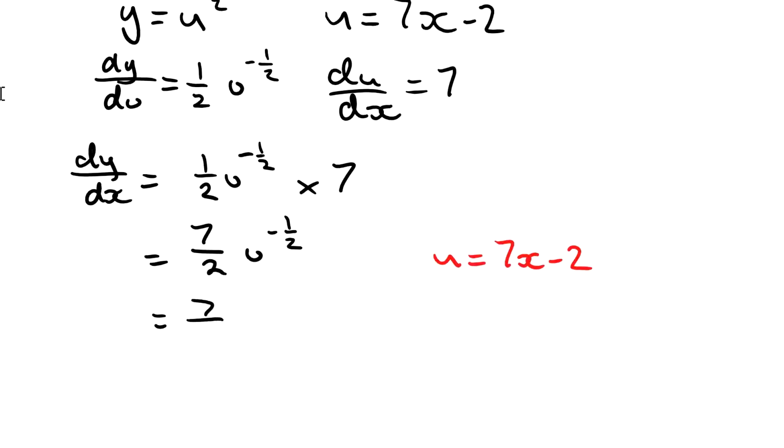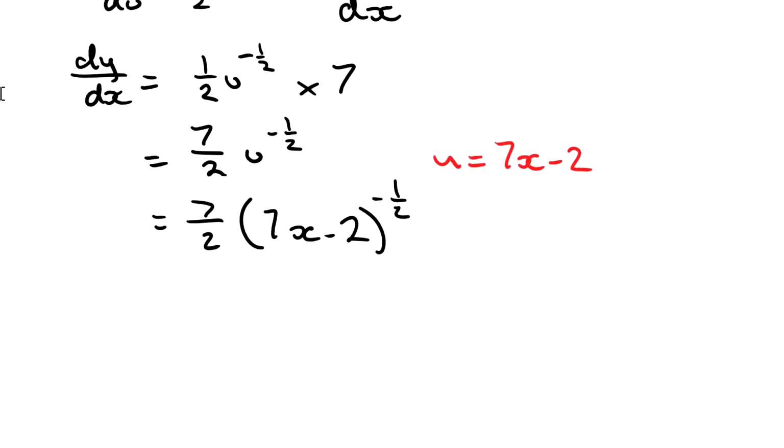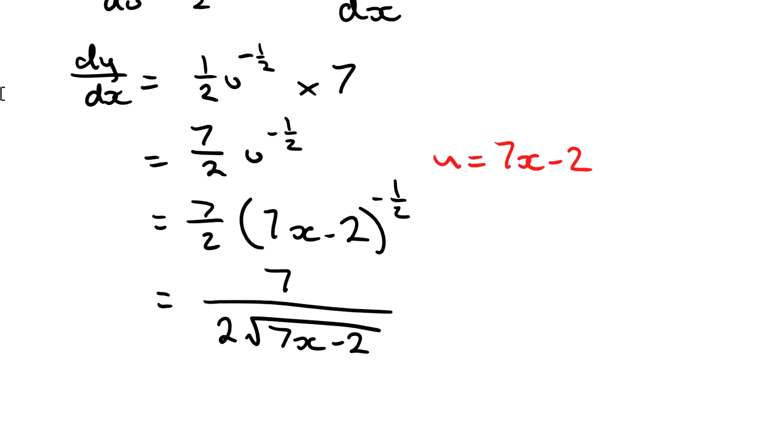So we have 7 over 2, bracket 7x minus 2 to the power of negative a half. So the negative indicates that the 7x minus 2 will be at the bottom of a fraction, and the half indicates it will be a square root. So we will have the square root of 7x minus 2.